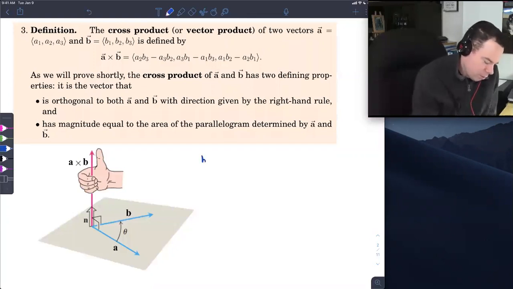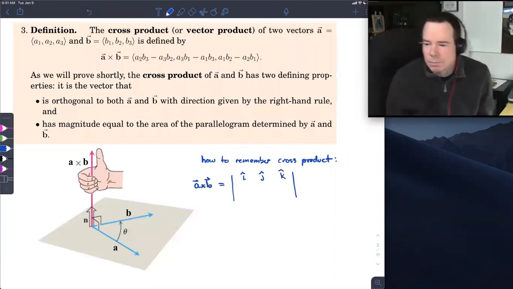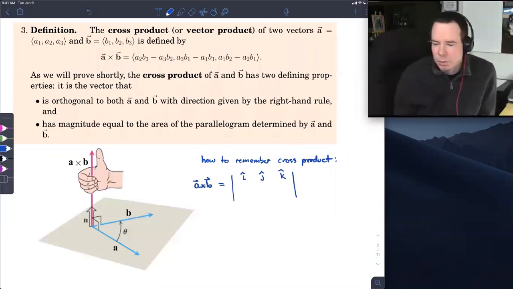So here's how to remember the formula, how to remember the cross product. So how do we do that? Well, if I'm looking at A cross B, what we do is we form a matrix which has i hat, j hat, and k hat as the entries in the first row.